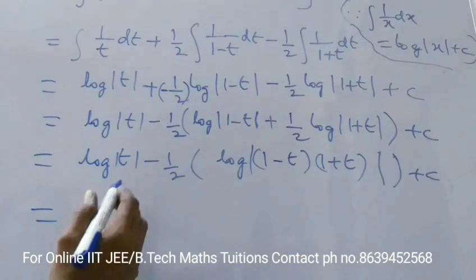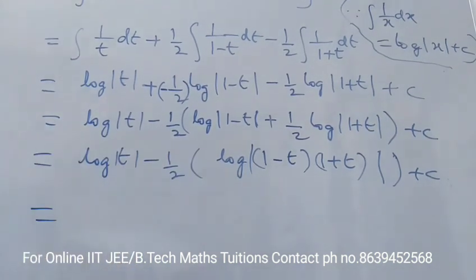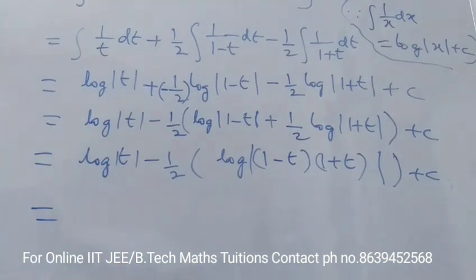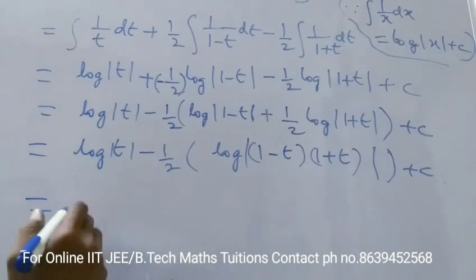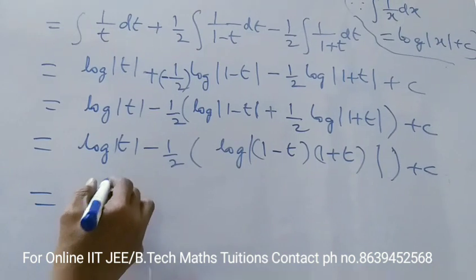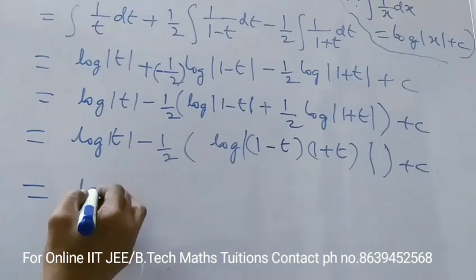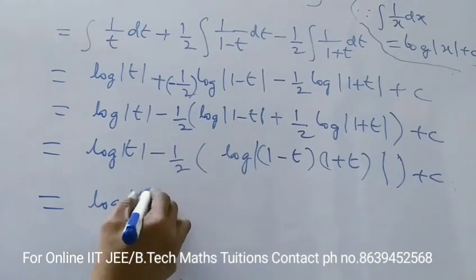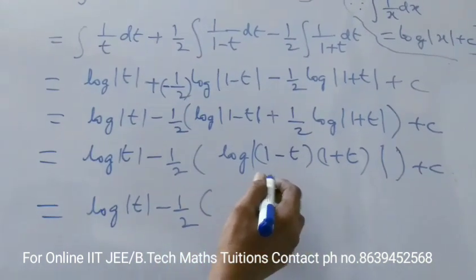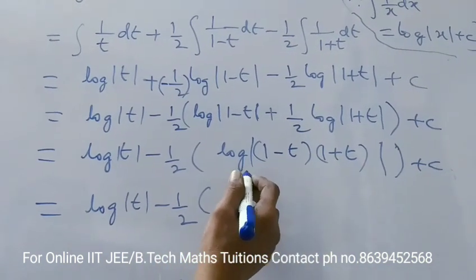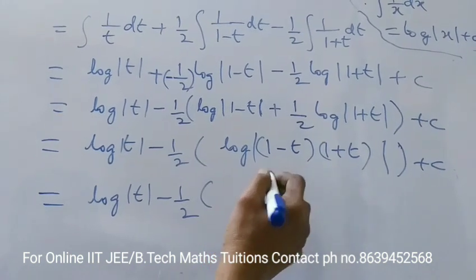This is equal to log modulus t, where t is equal to x into e to the power of sin x, minus 1 by 2 log of a minus b into a plus b, which is a square minus b square.